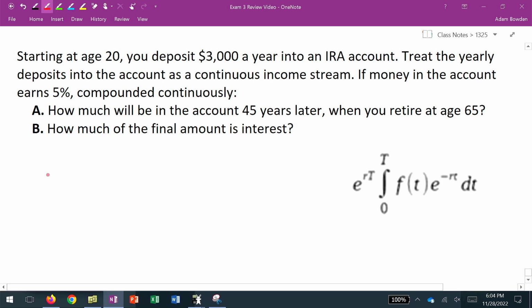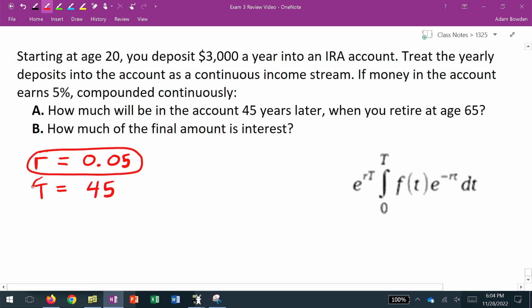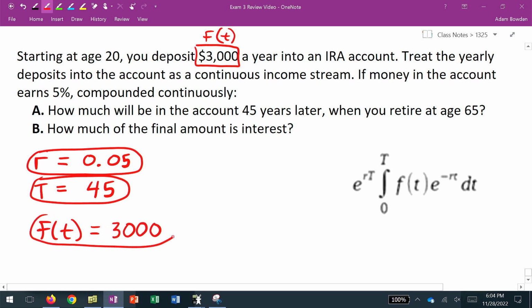So let's fill it out here with the interest rate r is 0.05 from the 5%. The time, capital T, is 45 years. The continuous income stream, the amount of money that's being deposited, in the formula, that's what they call F of T. So our F of T in this case is just $3,000 on its own.